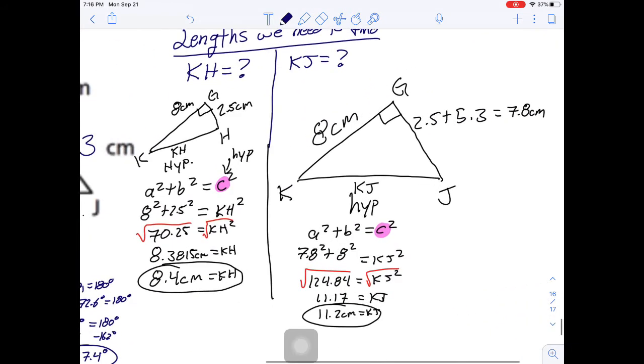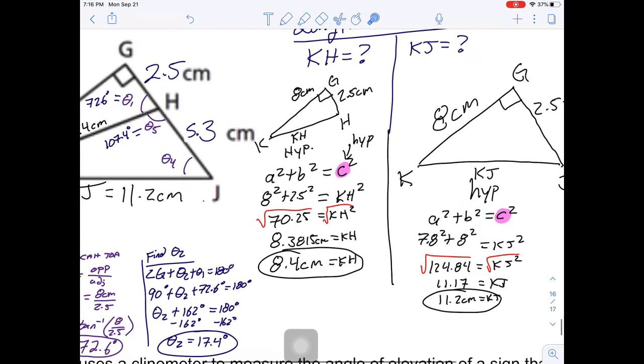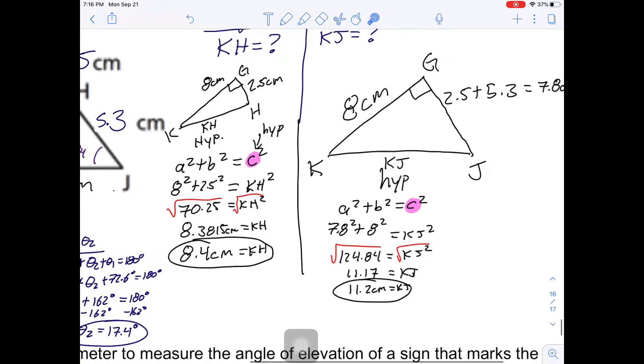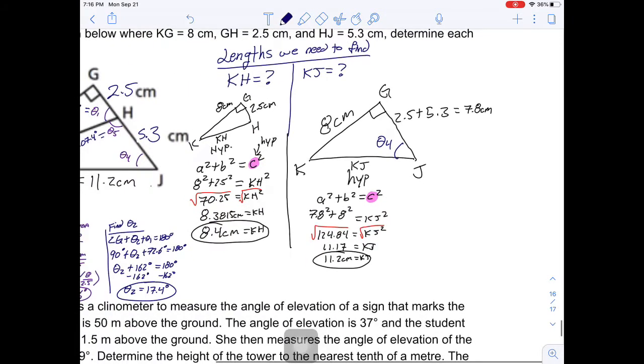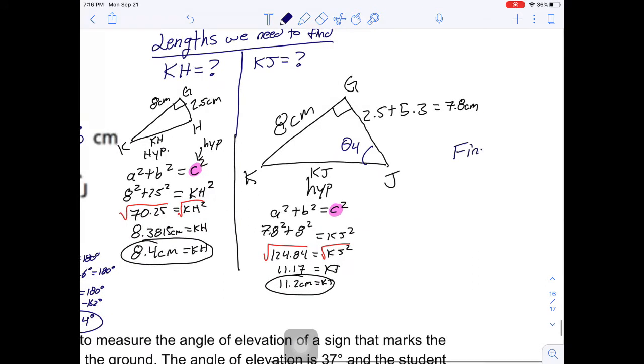So I'm actually going to use this triangle over here to find angle 4 right here, which is angle J. So this is angle 4.